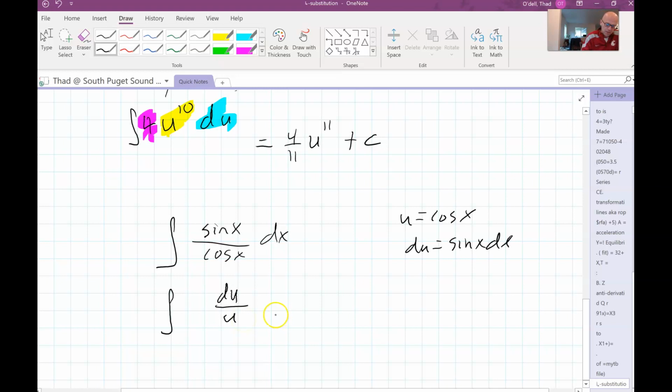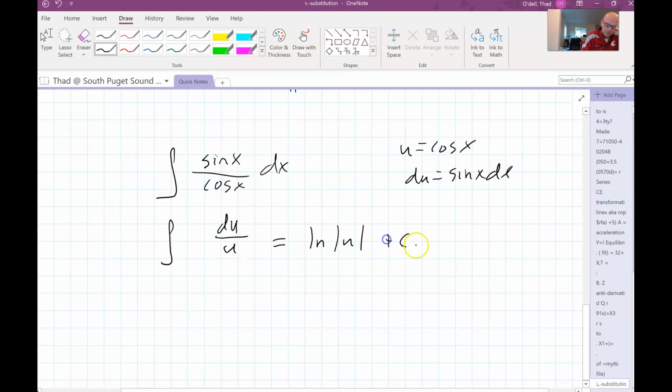which is just natural log, isn't it? That's just the natural log of u plus c. So therefore we get natural log of cosine x plus c.